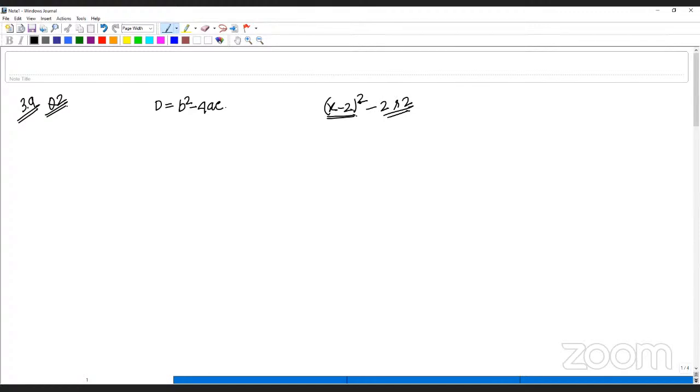So the discriminant of this equation is 0. Now if I take another quadratic equation, x minus 3 whole square, again the discriminant is 0. So now the discriminant of both these equations are the same, but their roots are not the same.